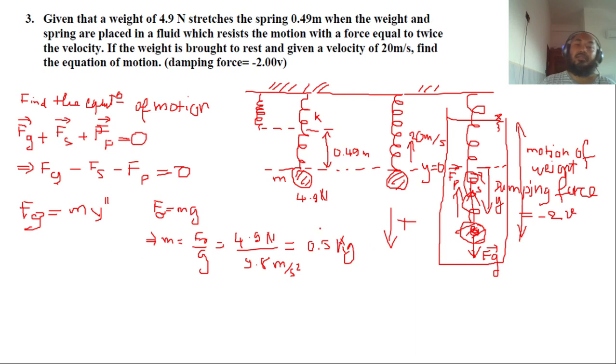So m equals 0.5. That's why we got Fg equal to 0.5 y dash. This is referred to this one.